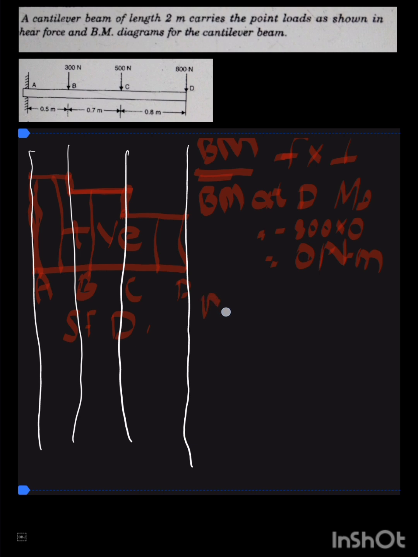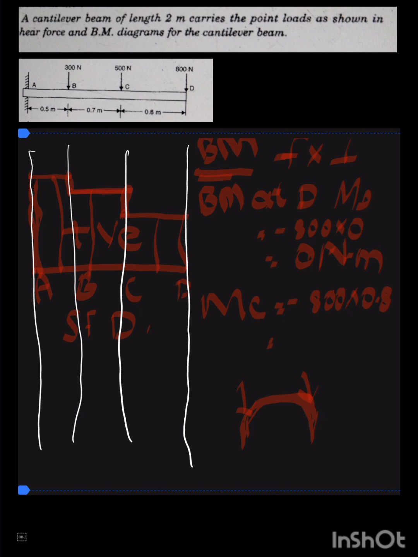Next, moment at C: minus 800 into 0.8. Why minus? These both are acting like this. Is this a sad or happy face? Sad face.